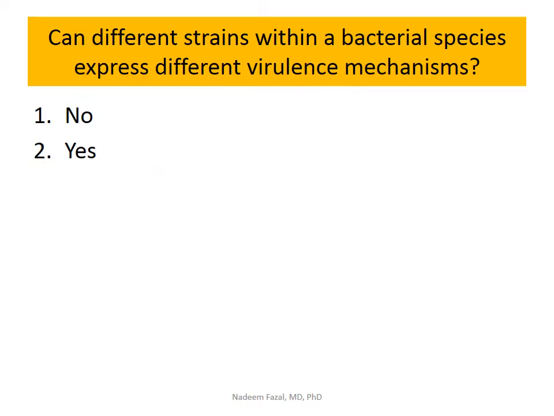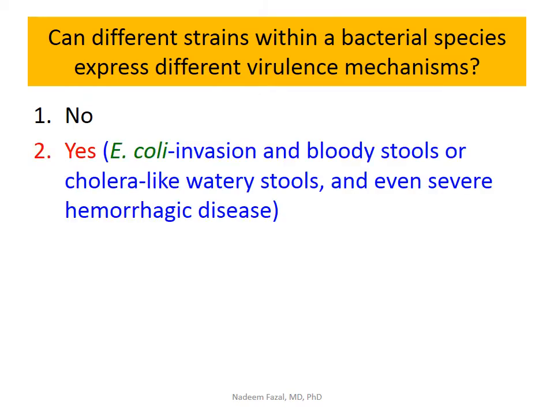Now, another question normally asked is that there are different strains of a bacteria. So can we have a different strain producing a totally different virulence mechanism? Of course, the answer is yes, because within E. coli, when we discuss Escherichia coli, you'll see there are many different strains, and each one of them is categorized in terms of producing a specific entity of disease.